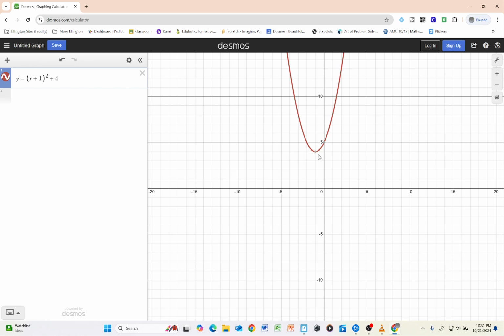Okay, we're looking for solutions along the x-axis. Nope. I'm seeing that's a big no here. So it turns out for this one, no solutions.